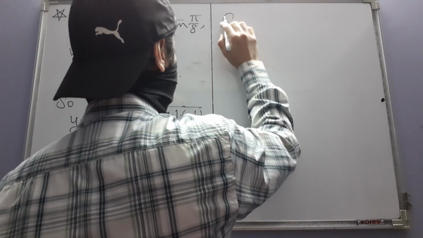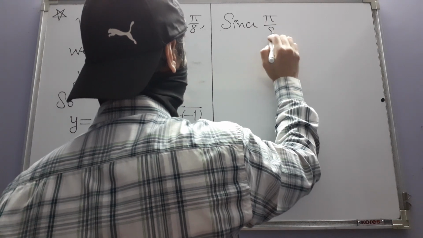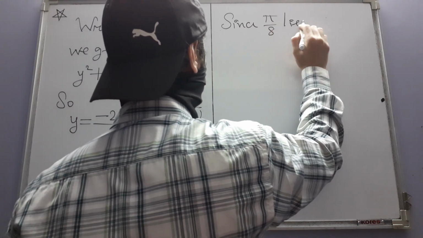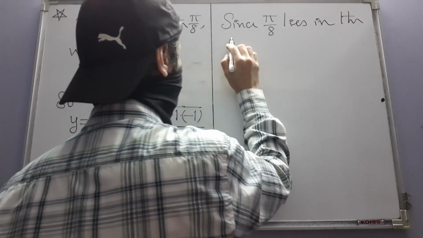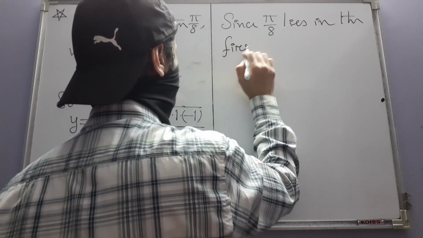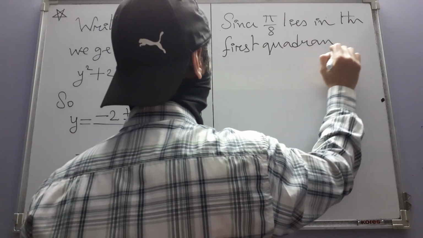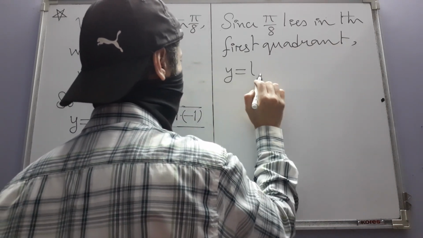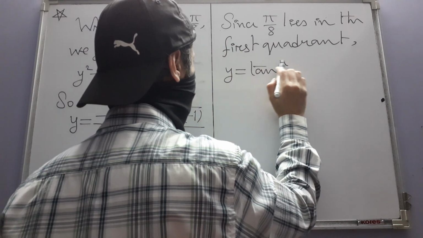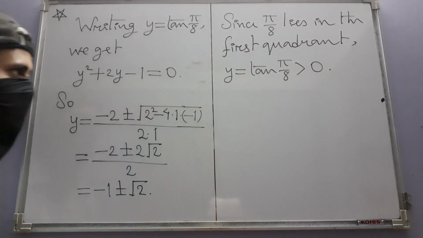Now we write that since pi divided by 8 lies in the first quadrant, y equal to this has to be positive.